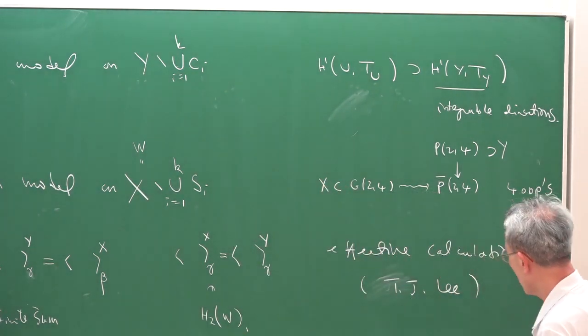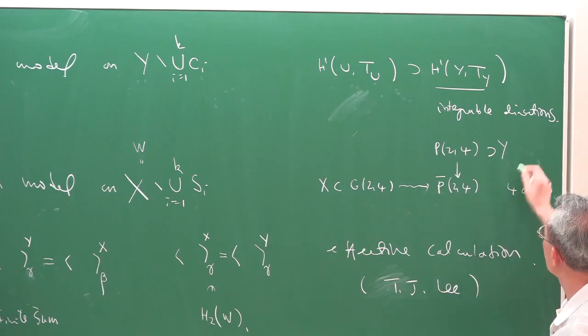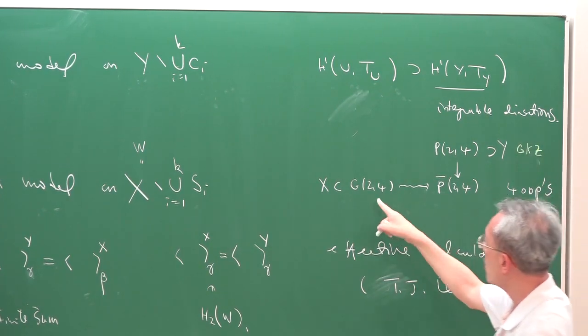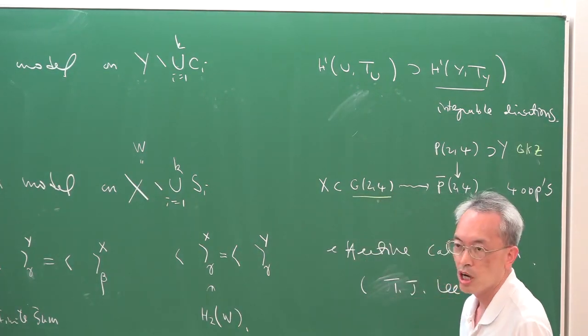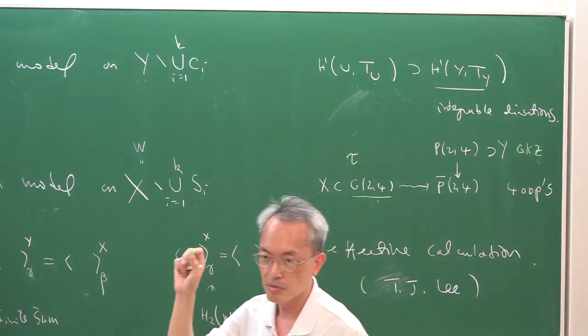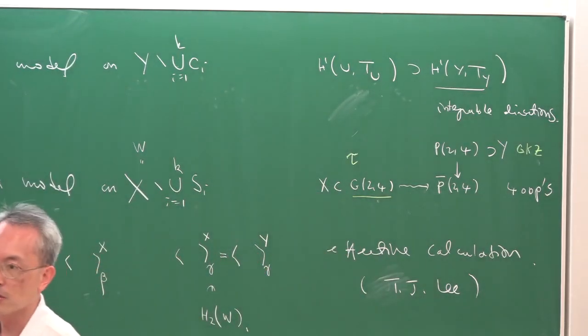And the good thing is, here you have GKZ system. And here you have this tautological system due to Bangliang and Yao.